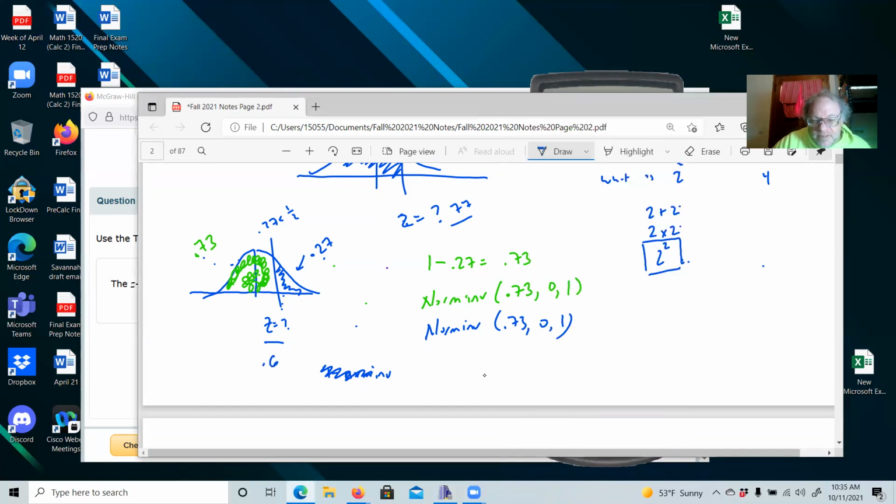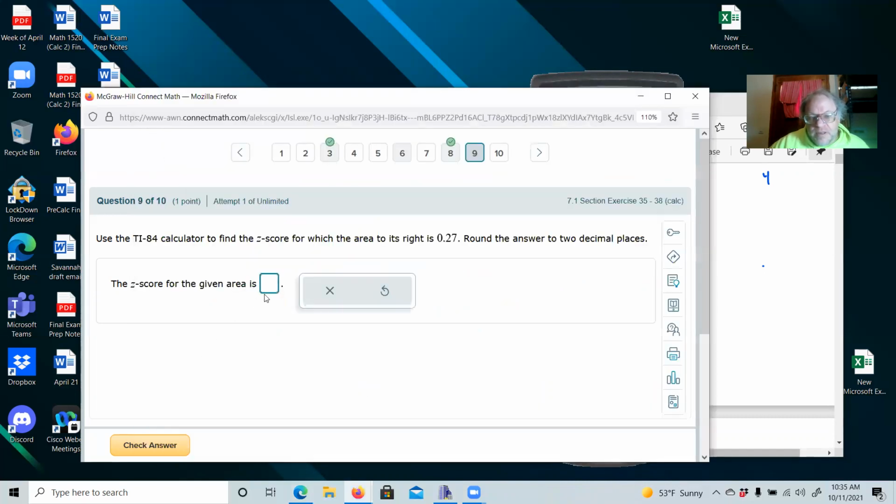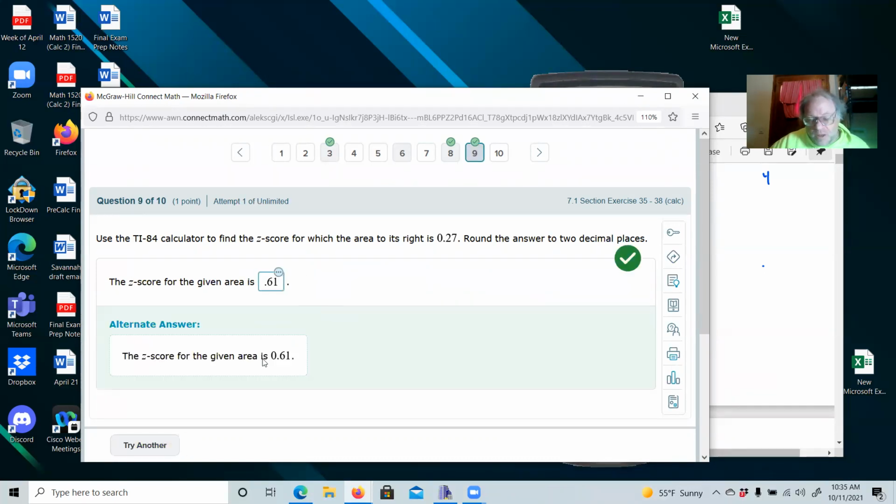So 0.61, that is our value for this z-score here. Oh, they wanted the 0.61. So those are going to be a little tricky, all right? But these used to be much trickier, but they're not so bad now.